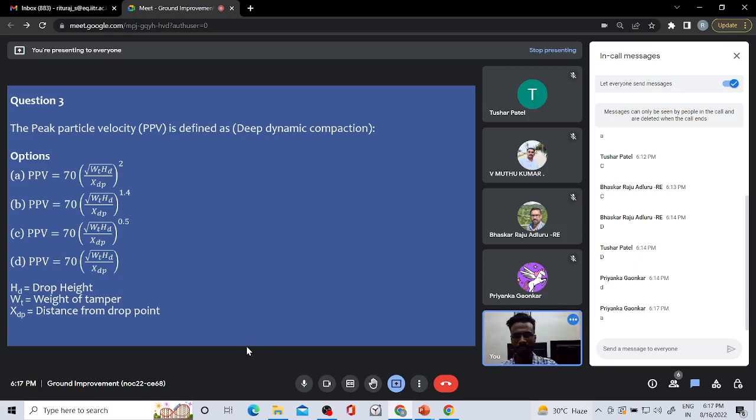Yes Priyanka, the expression is correct, but the power of the bracket is different, like the empirical formula.